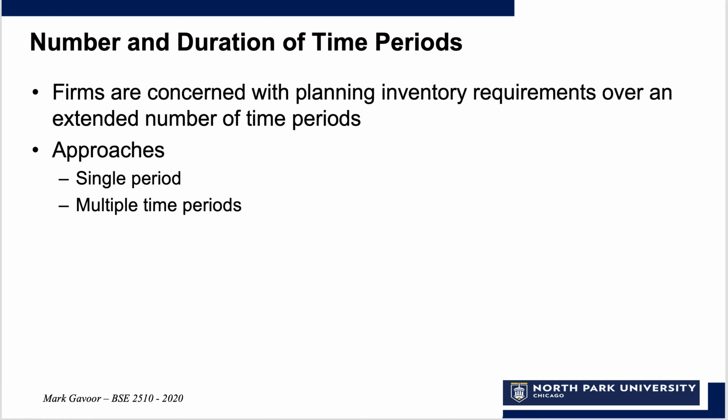Now, when you get into the factory, you're planning more by weeks and days, because that's how your production planning goes. But for inventory planning, a month seems to be the most used time period. Then we look at single period and multiple time periods. Right now we're going to do multiple time periods. We're just month after month after month. We're going to look at single period inventory as a separate model.